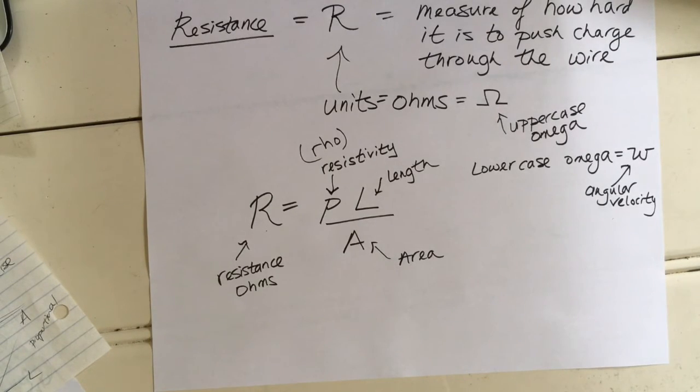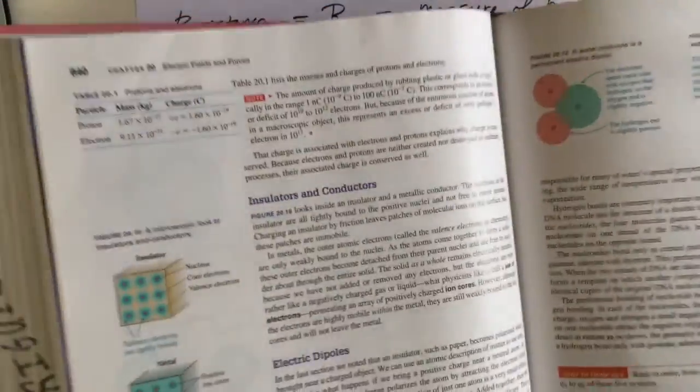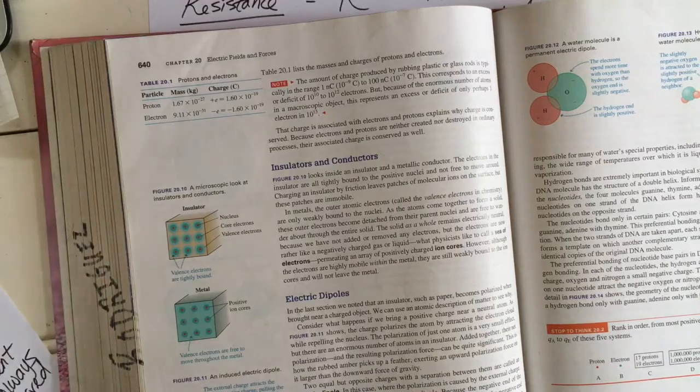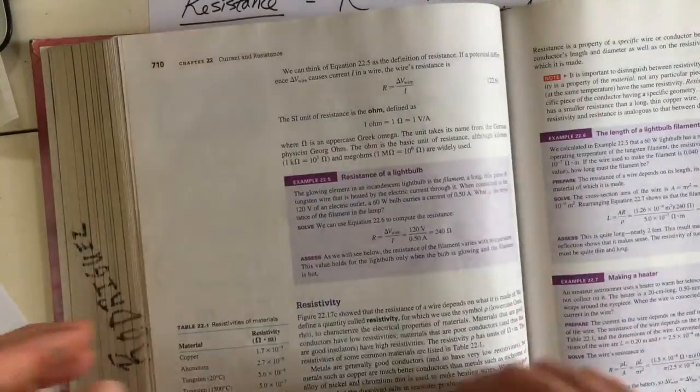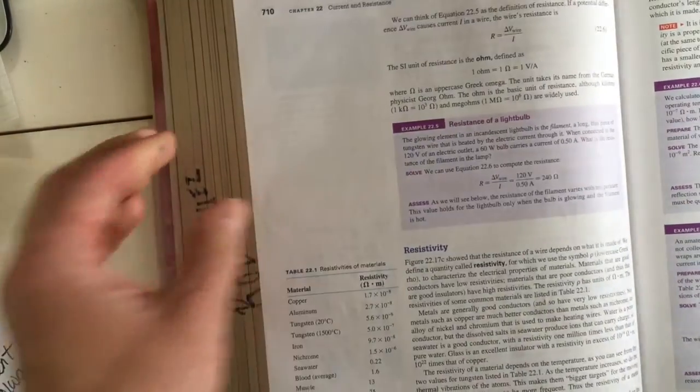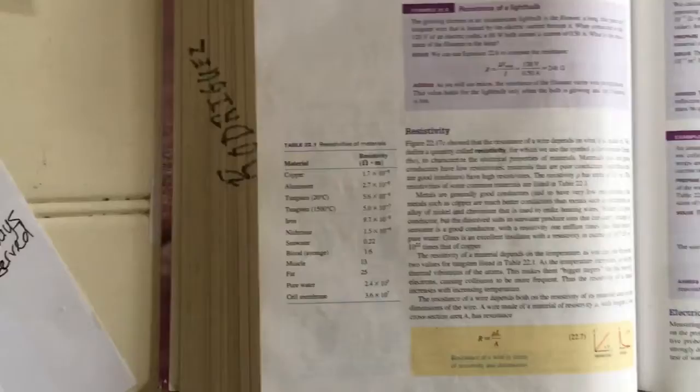Let me see here, if I get my textbook out, I had a table I wanted to show you guys. It's page 710. If we go to 710, I hope you can see this.